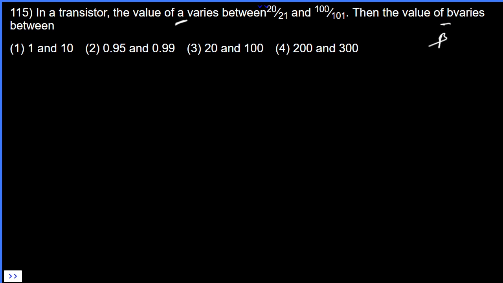So in the case of a transistor, what is the relation between alpha and beta? Here the alpha values are given, and after that we have to calculate and find out the beta values.